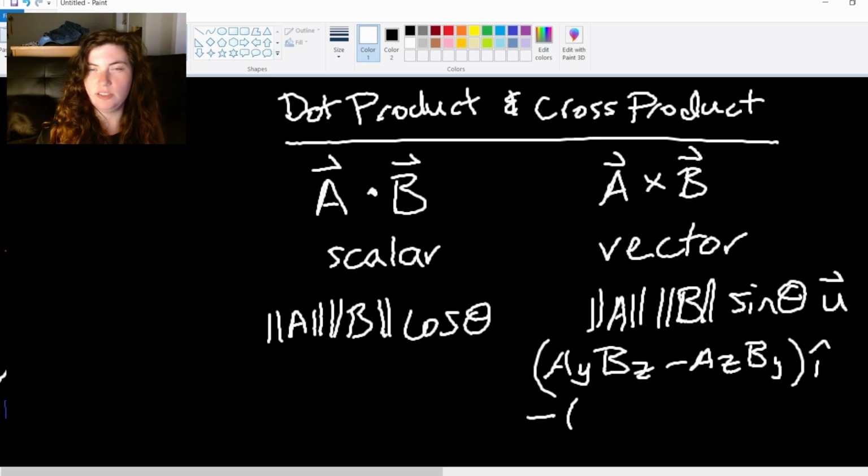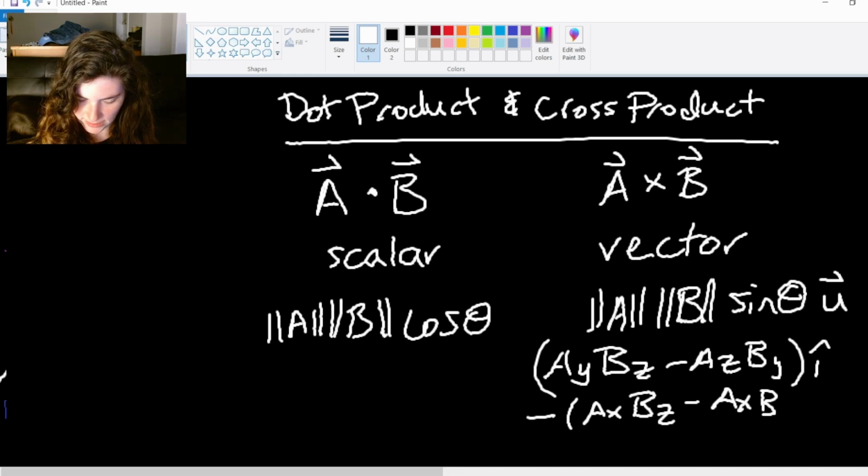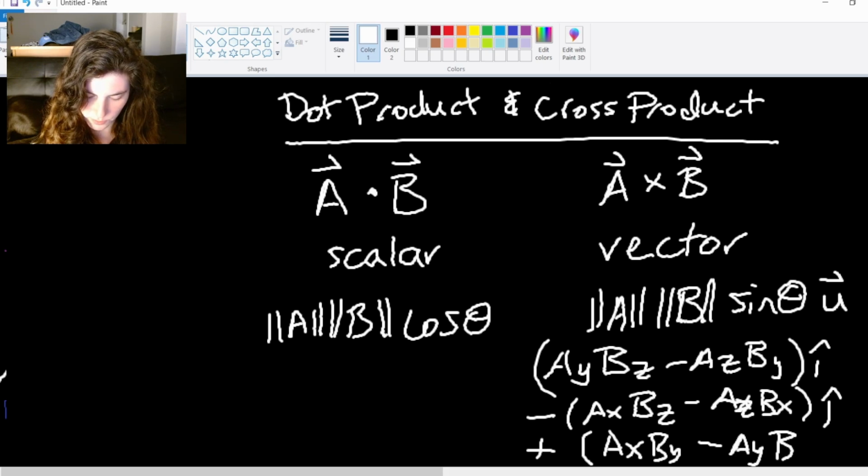Again, we're going to go through the derivation of all of this a little bit later, but I wanted to show you the difference. It's going to be minus AX times BZ minus AZ times BX, J hat, plus AX times BY minus AY times BX, K hat.